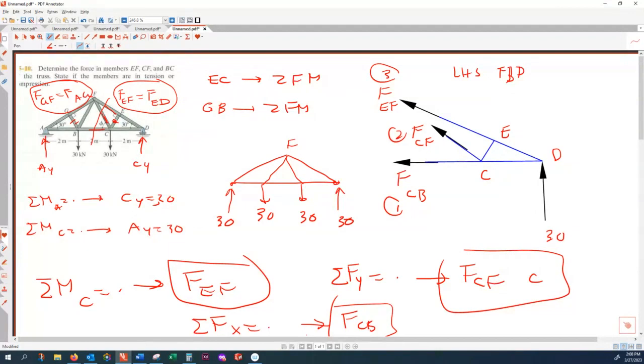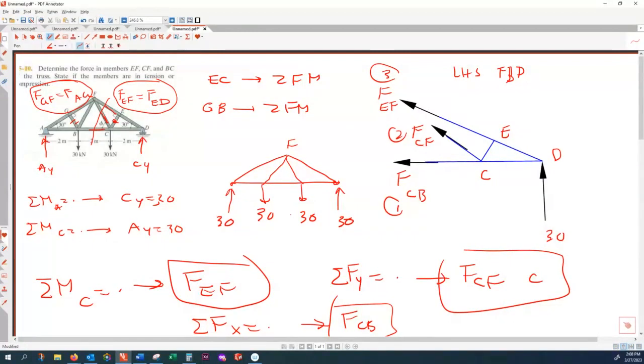Okay, so today what we did was we went through a summary of analyzing techniques for a truss structure, pin joint truss structure. The first technique was solving the entire structure.